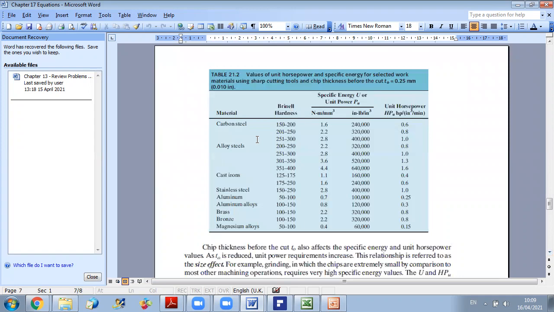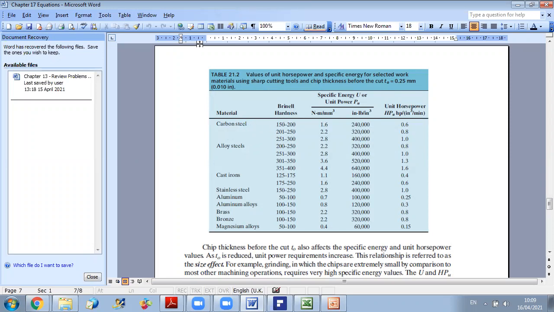So here, for example, depending on the material you are using, the value of the specific energy will change. Okay, so let's say we have a turning operation, and I am telling you that the material used is carbon steel with a hardness of 180.